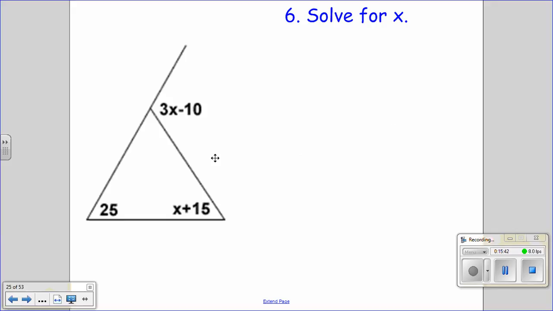And now we're going to apply the same theorem but with some algebraic expressions. Same thing still holds true. These are remote angles because they're away from the exterior angle. Remote plus remote equals exterior.